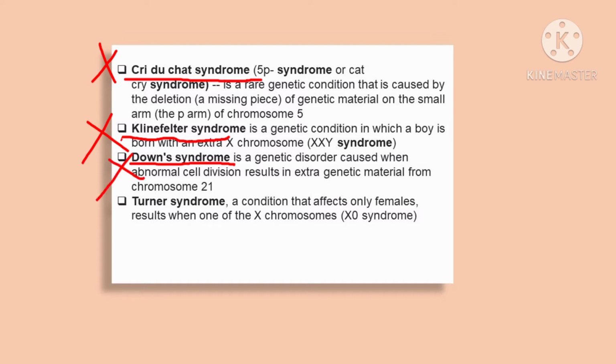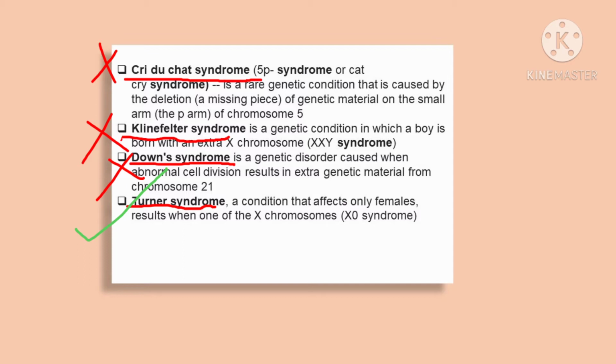Then moving to Turner syndrome, a condition that affects only females. It results when one X chromosome is present, that is absence of one X chromosome, X0 condition. So from the above options we can find our answer, that is option D, Turner syndrome is the correct answer for this question.